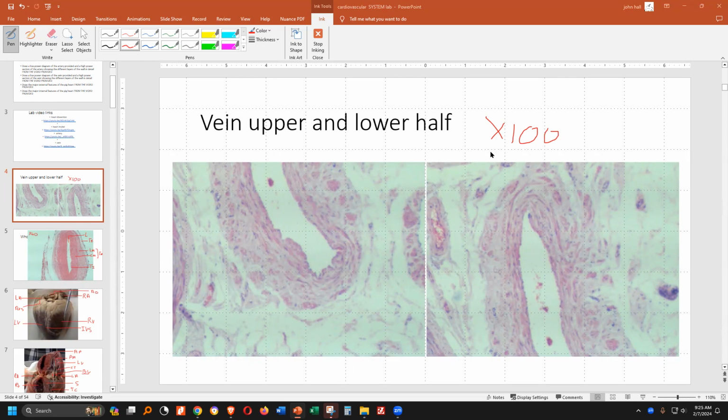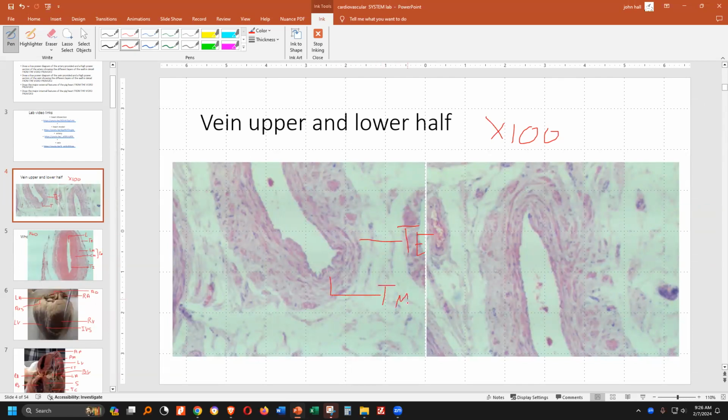Anyway, once again you can draw it from this, right? So here we go. This layer here, tunica externa, then tunica media.